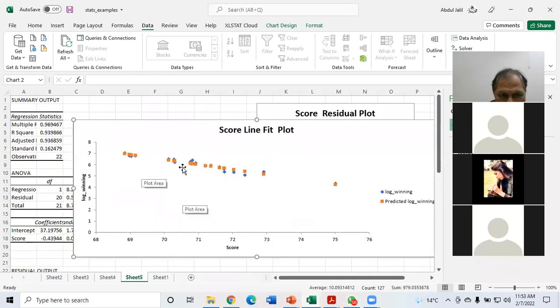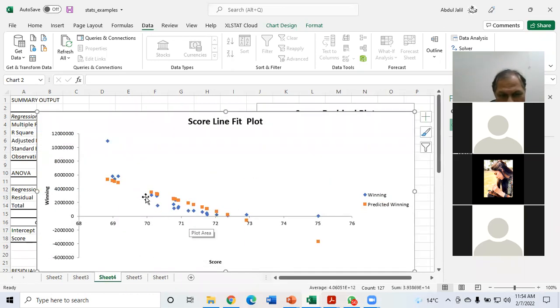And in this case, the same thing. The actuals are blue, and estimated or predicted values are orange, right? So this means they are very close. Least deviation is there in this case, but more deviation is there in this case. Clear? So this is the benefit: you are going to have a better fit equation in case of taking log.